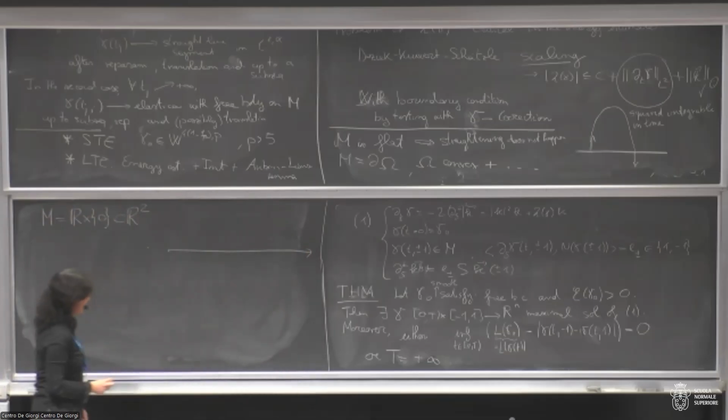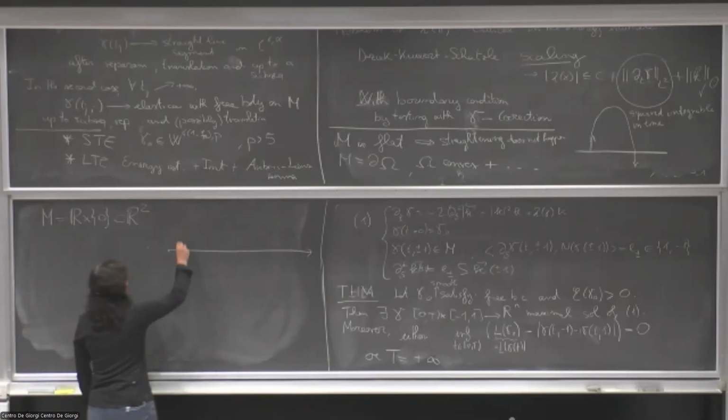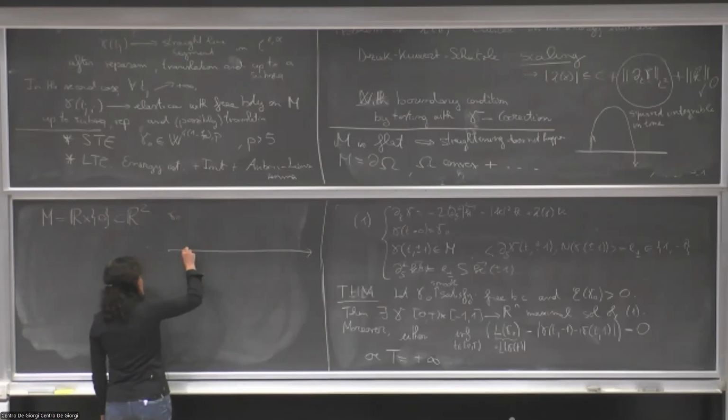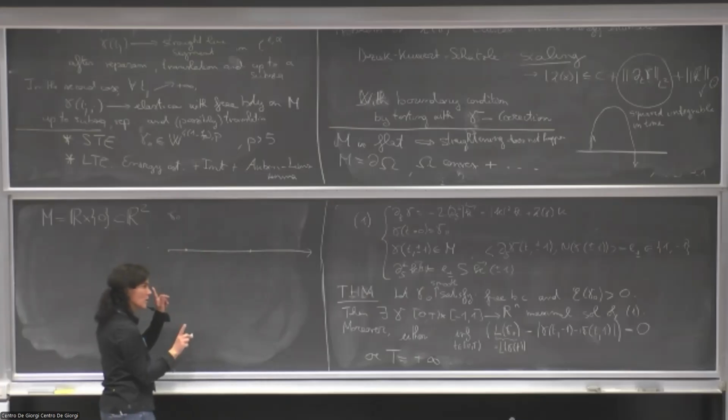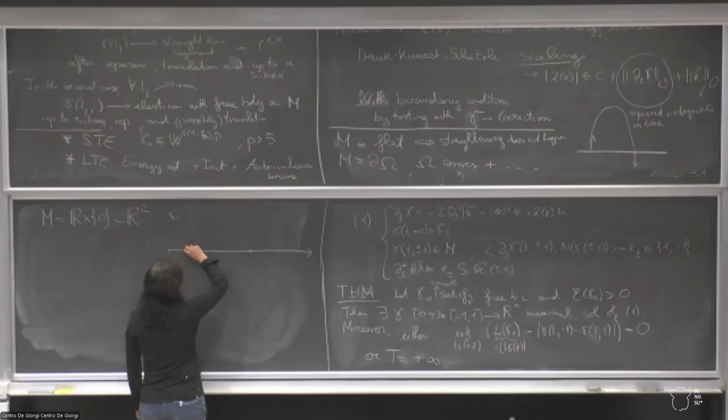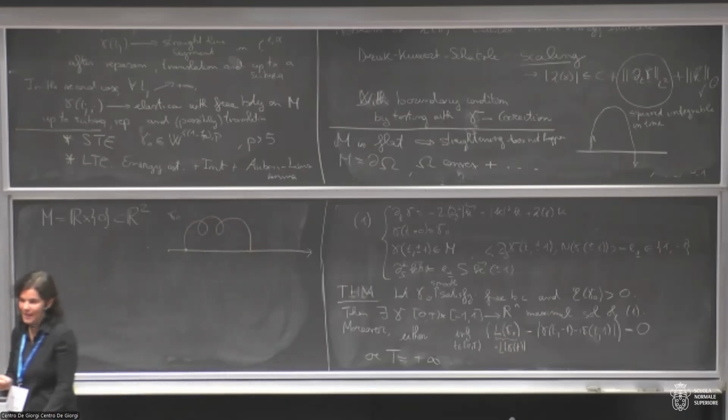Okay, so that's our M, the straight line in R squared. And the idea is we start from an initial datum, and it has to start on this straight line, and has to be orthogonal. So, for instance, something like that.